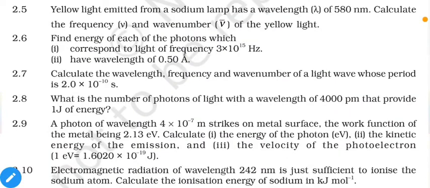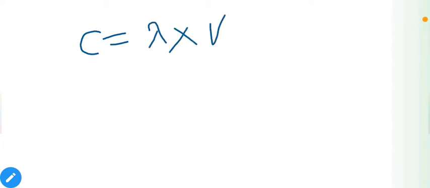Next, question 2.5: yellow light emitted from the sodium lamp has a wavelength lambda of 580 nanometer. Calculate the frequency v and the wave number v bar of the yellow light. We know that the velocity of light is equal to the wavelength of light times the frequency of light.